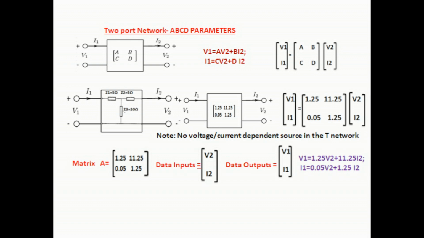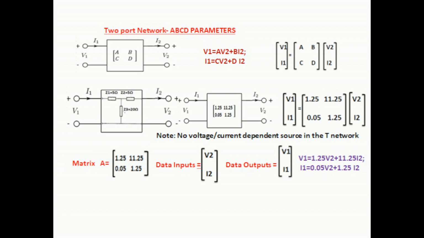So V1 is equal to A V2 plus B I2, and I1 is equal to C V2 plus D I2. If we form this in matrix form, matrix V1 I1 is equal to matrix ABCD into matrix V2 I2. So this matrix is called the ABCD matrix.